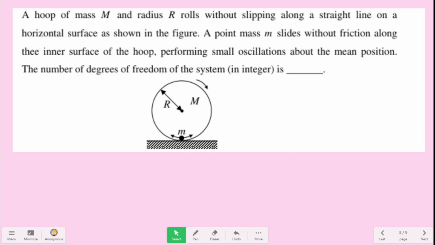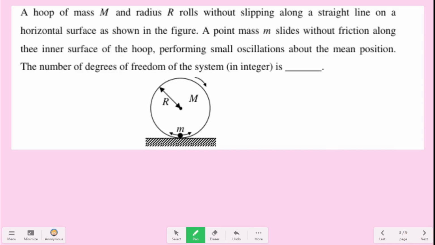So to define the configuration of this system, we need one coordinate to represent the translational motion of the hoop along the horizontal surface. Let it be x. So this corresponds to 1 degree of freedom. Now the hoop is also rotating about its center as it rolls without slipping.